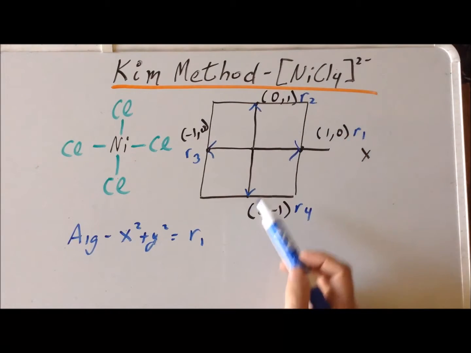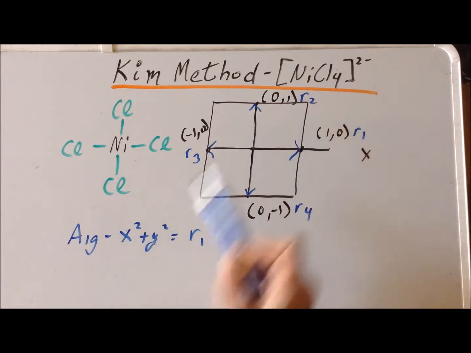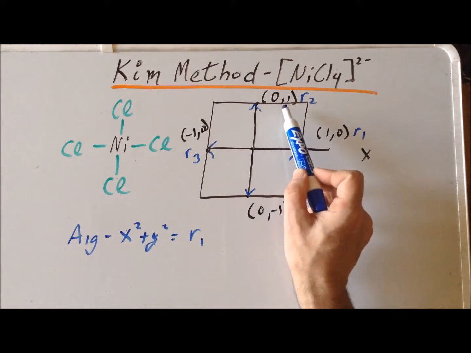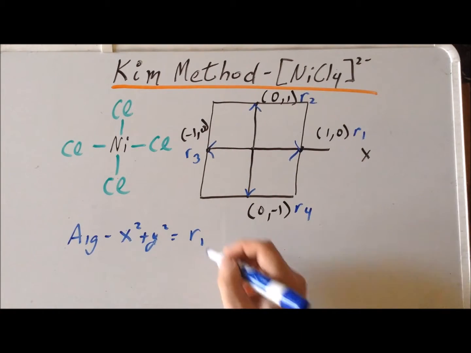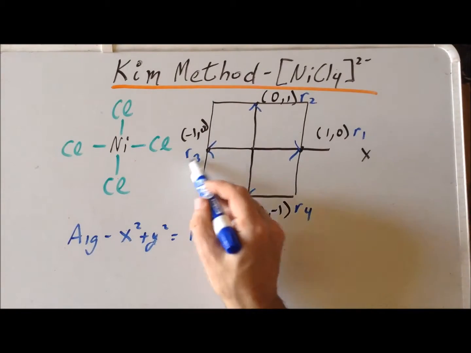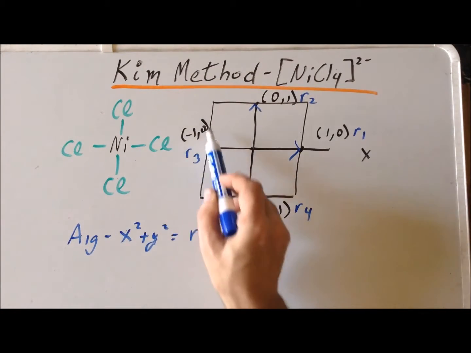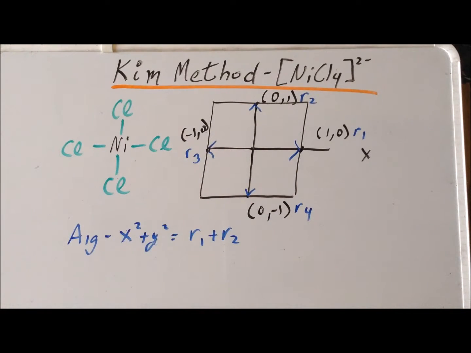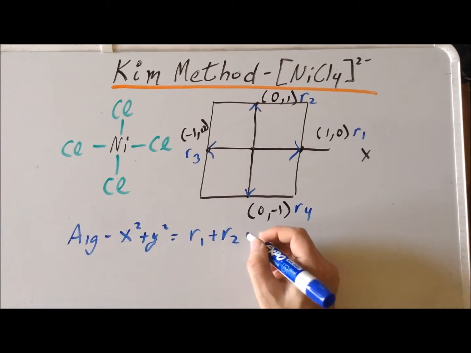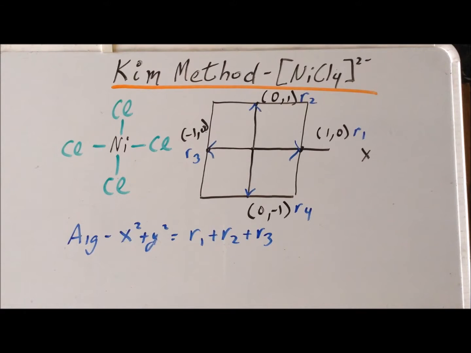Similarly for R2, x is equal to 0, y is equal to 1, so x squared plus y squared is going to equal 1, so the coefficient of R2 is also going to be just 1. For R3, x is equal to -1, y is equal to 0, x squared plus y squared, for those particular values of x and y, gives us a value of 1. That is the coefficient of R3, so we have plus 1 R3, which we just write as plus R3.